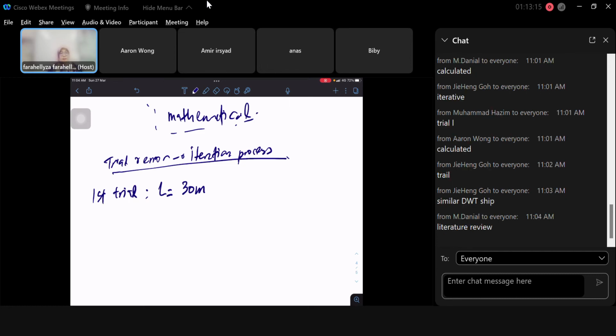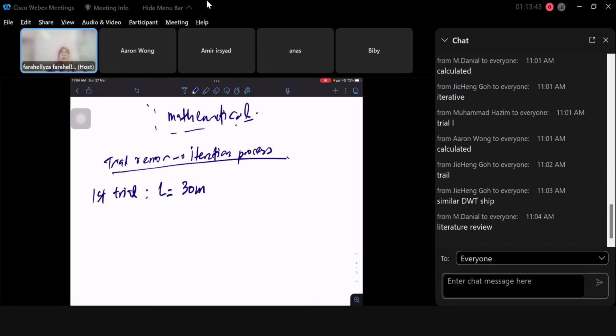So what I proposed to them last time is basically you try to get a similar DWT ship. There's a lot of databases out there on ships in the world. You just key in the type of ship and the DWT of the ship. Maybe the type of ship is general cargo, for example, and the DWT is 30,000 tons.